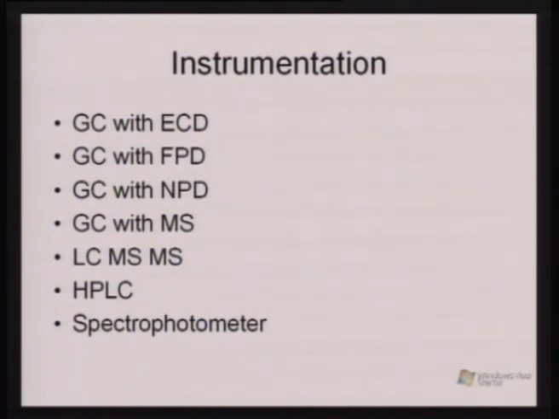But let me tell you, HPLC is dedicatedly required for some acid herbicides like 2,4-D and isoproturon. We need to analyze these two pesticides only using HPLC or LC-MS technology. We cannot use other techniques like GC-ECD, FPD or MS for the analysis of 2,4-D and isoproturon.